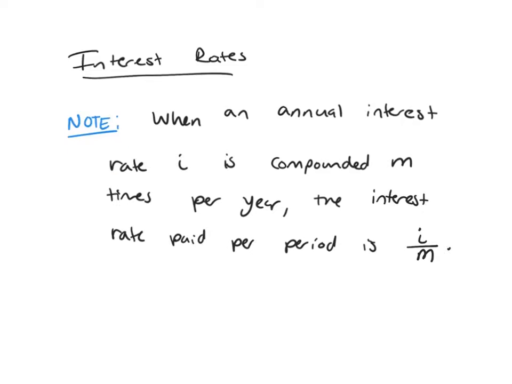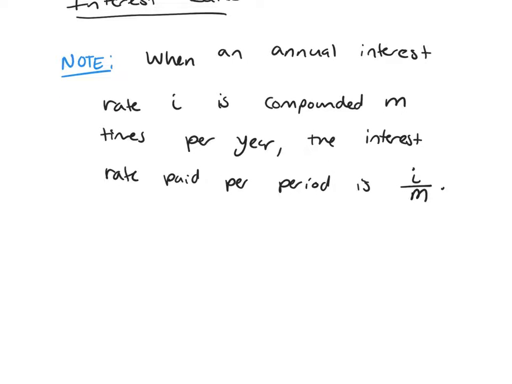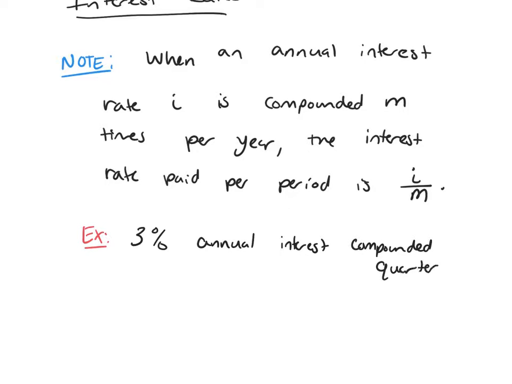So let's look at an example here. Let's say we have 3% annual interest that's compounded quarterly. This would be, well, I over M. So I is your interest rate, 3%.